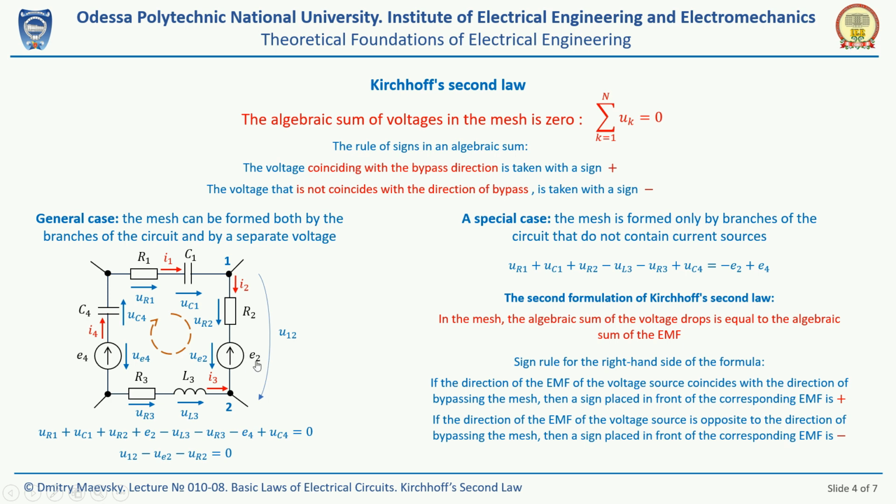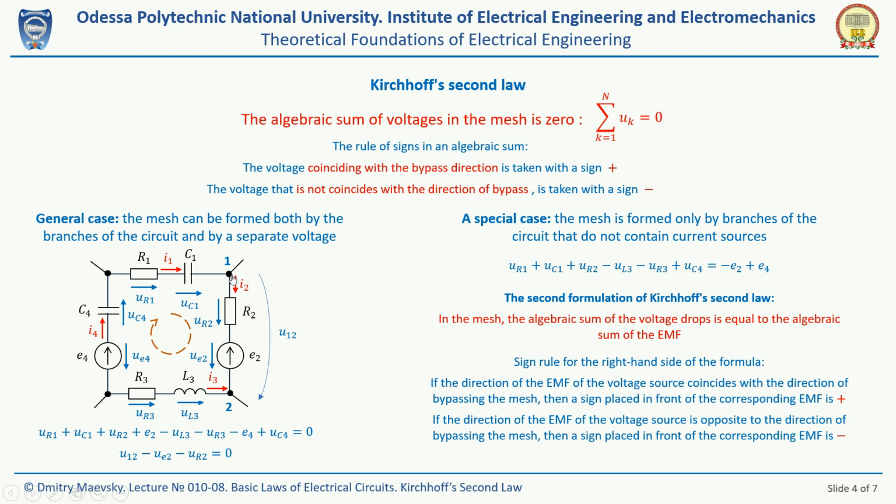We have the voltage on each of these elements. But we can also say that between the two nodes there is some voltage too. Let us denote this voltage as U1,2. Then we will go around the mesh another way.